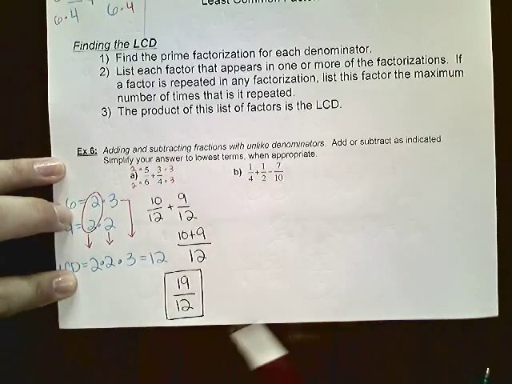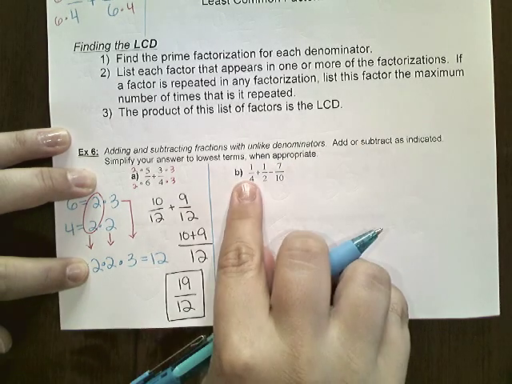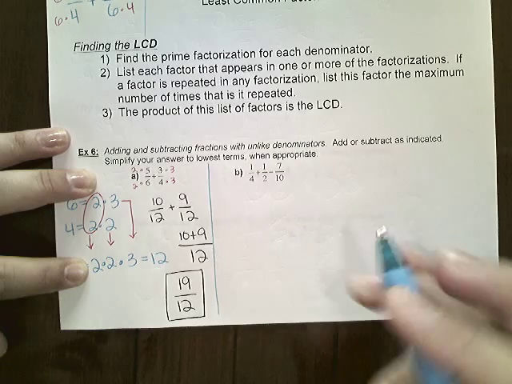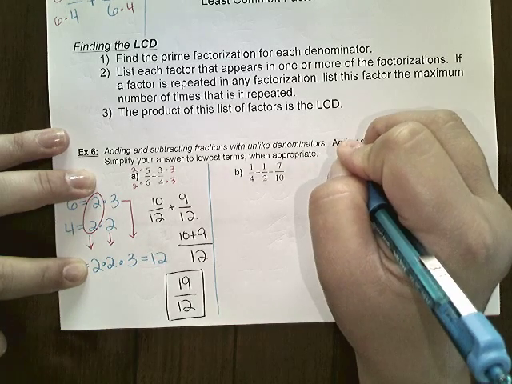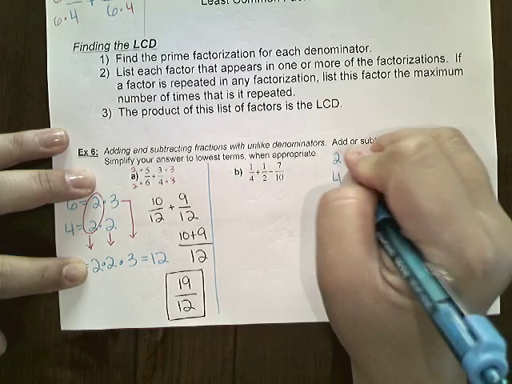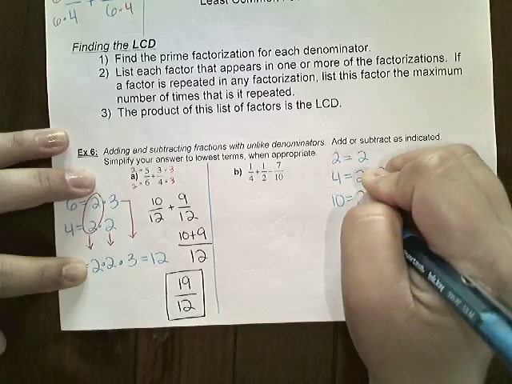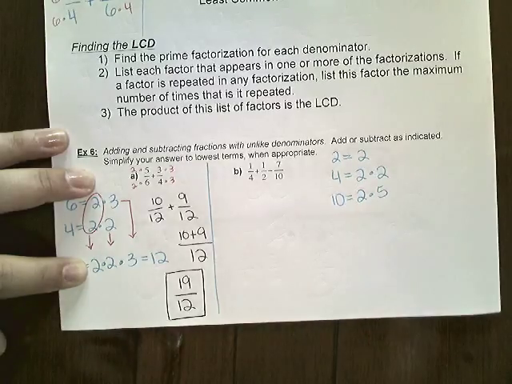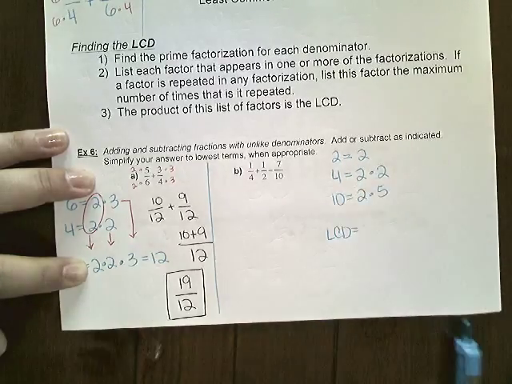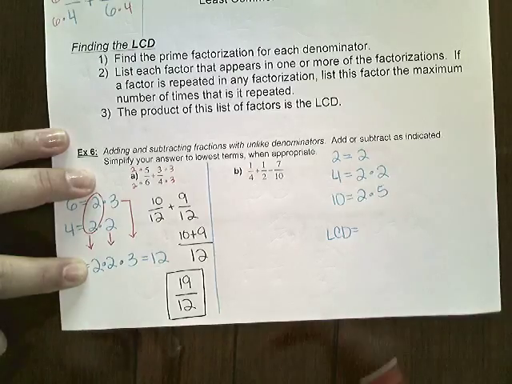Now the same thing works even when you have 3 different denominators. You can still do the same thing. So 4, 2, and 10. I'm going to do it over here. 2 is literally just 2. 4 has factors 2 times 2. And 10 has factors 2 times 5. To find our LCD, we look at this and ask, do two of them or all of them have something in common?